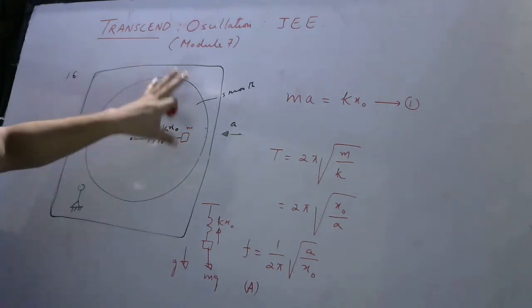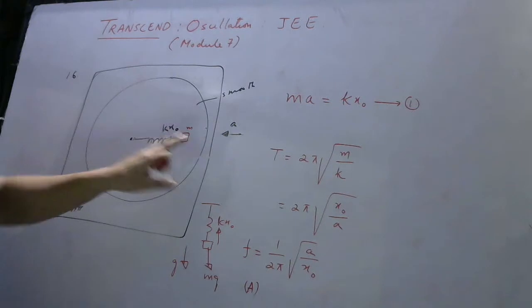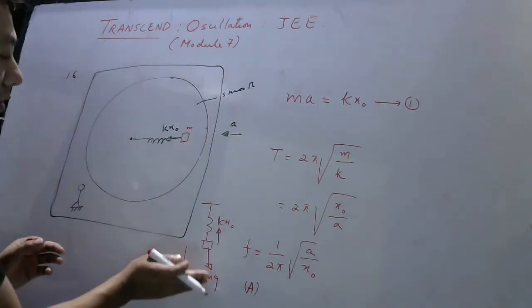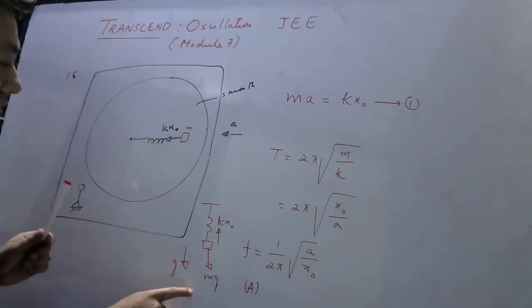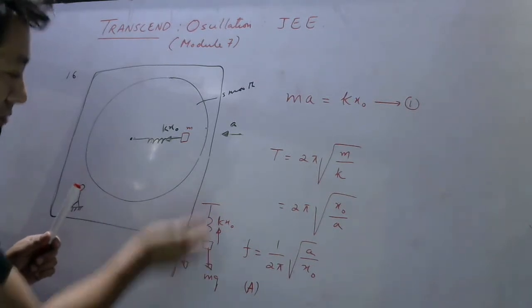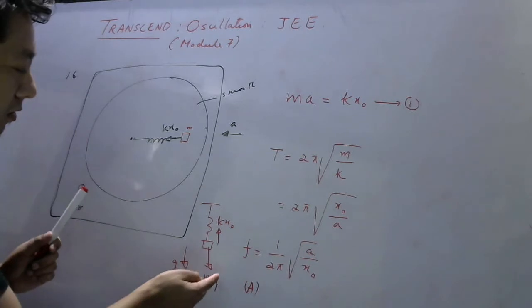Suddenly, when it comes to rest, its engines are shut off, so acceleration will vanish, the pseudo force will vanish. So this spring force will take the body back. The only difference between this and this is you cannot vanish mg, because you need the block to still oscillate. You need the block to be there, so you cannot remove mg.